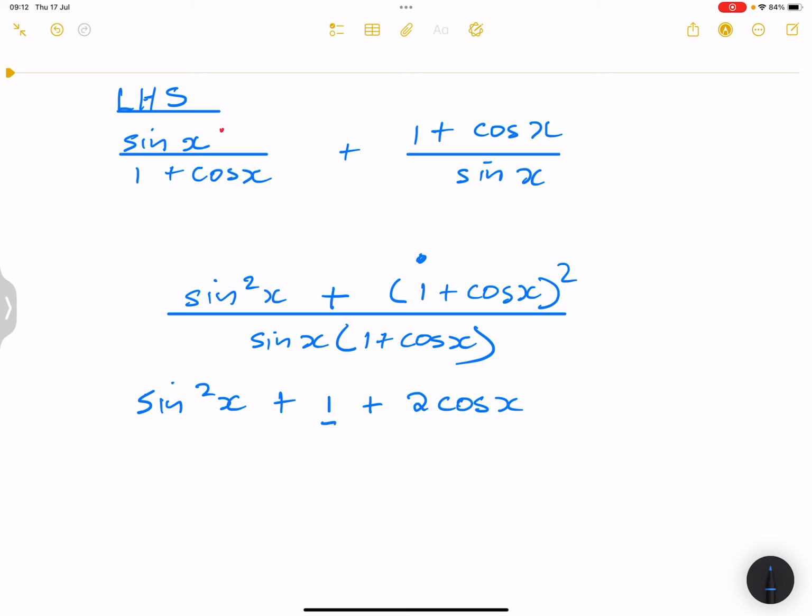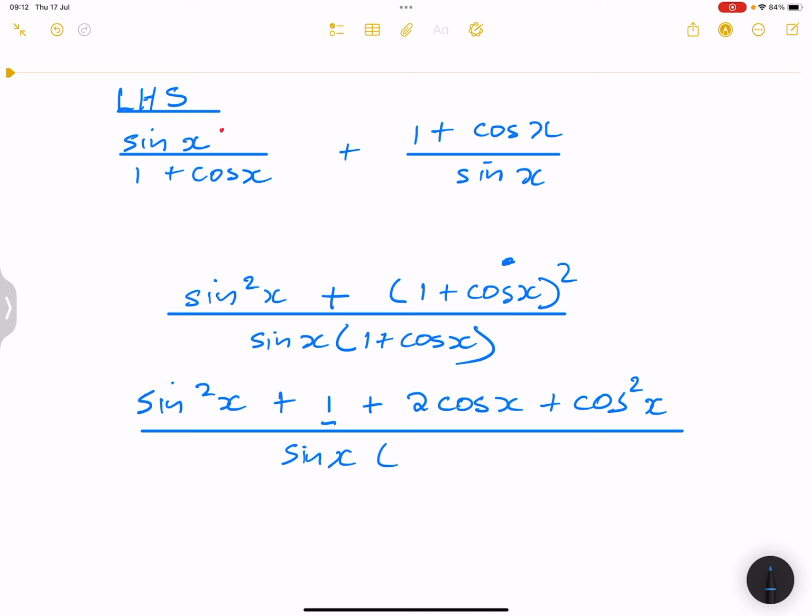And for the middle term, 1 times cos x times 2, that will be 2 cos x. And for the last term, you've got cos squared of x. So this is plus cos squared of x. Right, this is all divided by our denominator, which is sine x into 1 plus the cos of x.